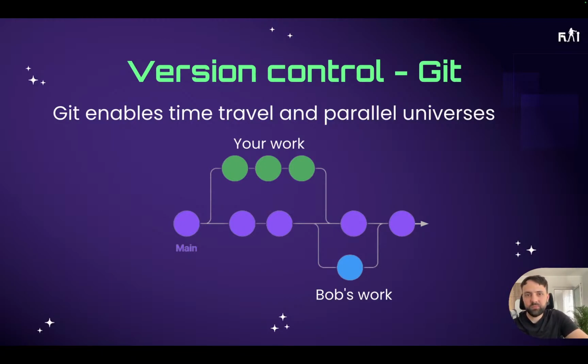The obvious one: you can go back in time whenever you want on your project. There's also a backup component to it, because a lot of version control systems are easily integrated with online providers.